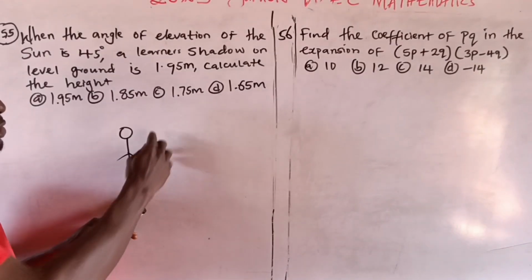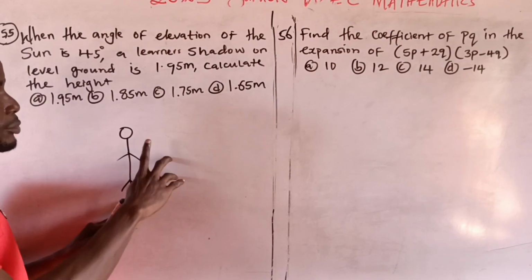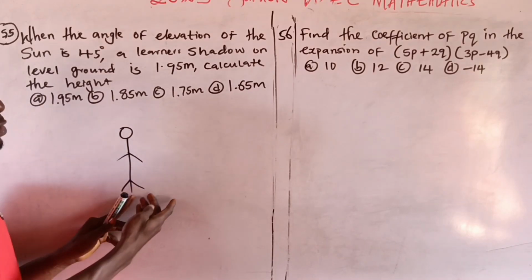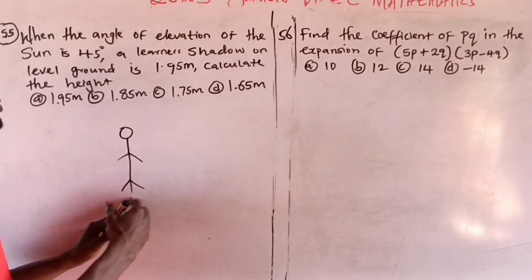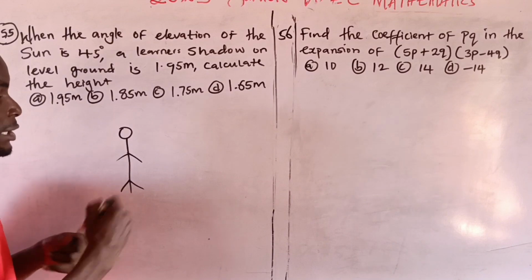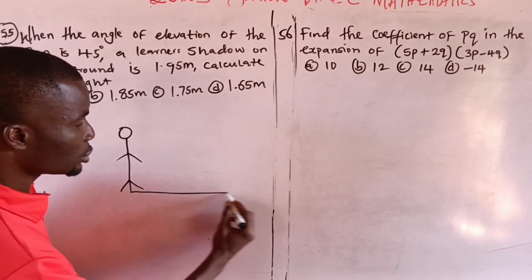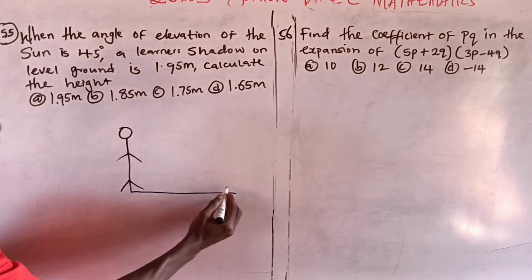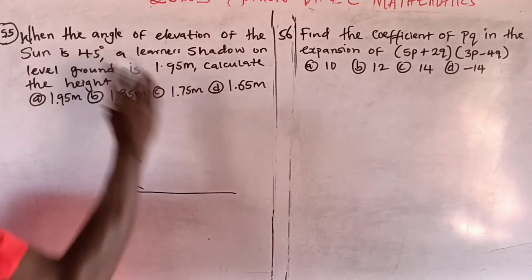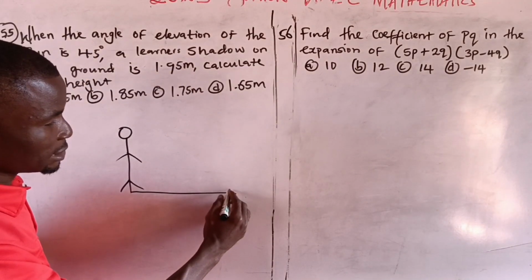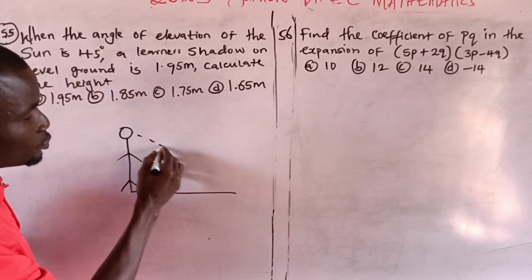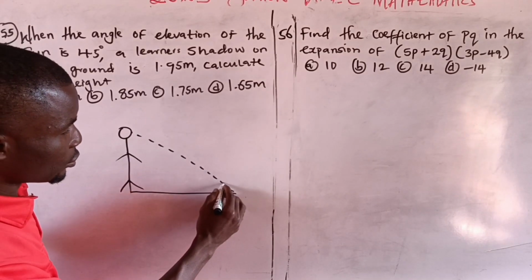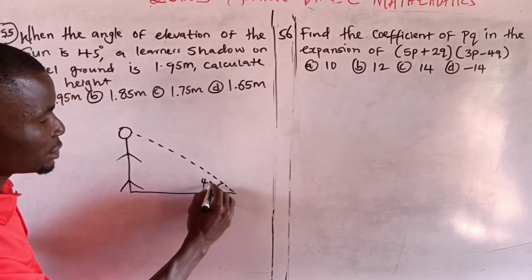And if the shadow is showing this side, that means it will be between 90 to 0 degree. But here we have 45 degree. That means this is where the shadow is showing, which means the theta will be at this point. Let's put this line. So, the theta is 45 degree.